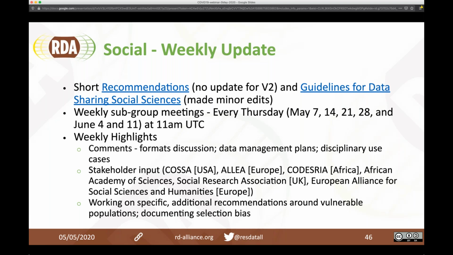And we also had a discussion about the value of identifying some disciplinary use cases for the guidelines to both help refine what we are recommending and demonstrate for us how much utility they have for the various disciplines represented by the social sciences.